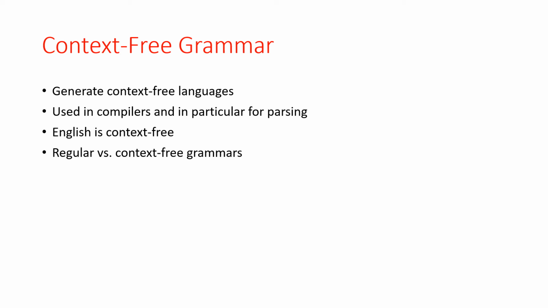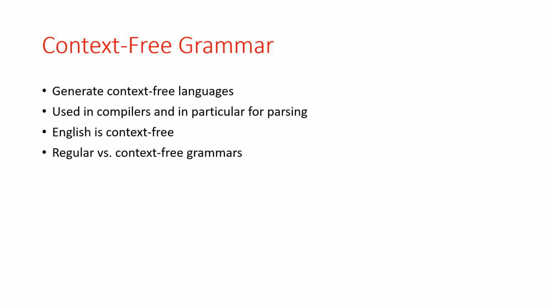A context-free language is a language that can be generated by a context-free grammar. Some languages are context-free and some are not. For example, it seems plausible that English is a context-free language. On the other hand, some dialects of Swiss German are not context-free.